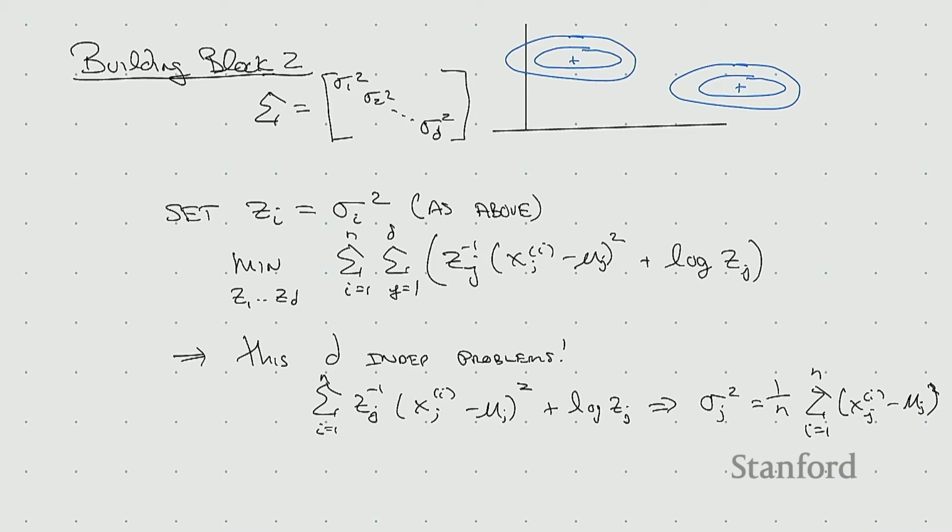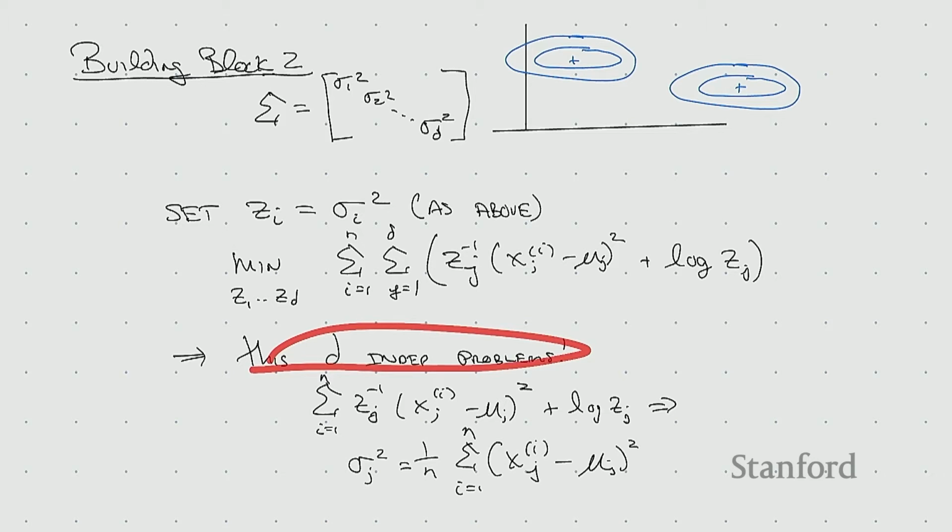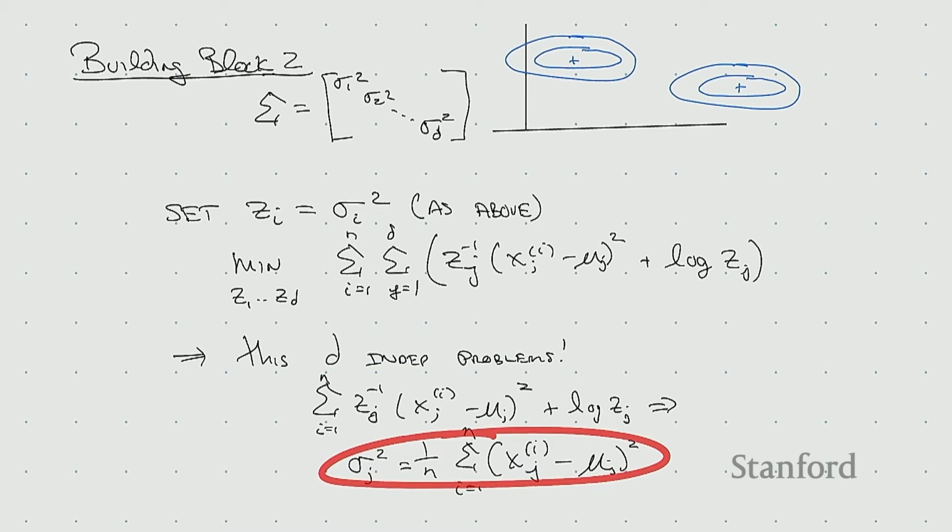Let me write that again so that it's clear since there were a bunch of typos there. Here j is the dimension, and the sum over i goes from 1 to n of (x_ij minus mu_j) squared. So what's going on here? We have D independent one-dimensional problems, and this is exactly the estimate that we had for one-dimensional variance. There's really nothing else going on. We were just using the j-th mean and the j-th component. Every component was handled independently.